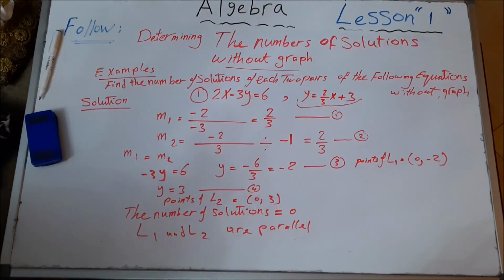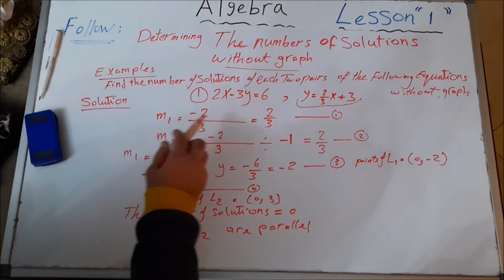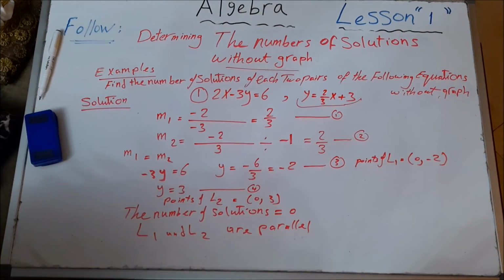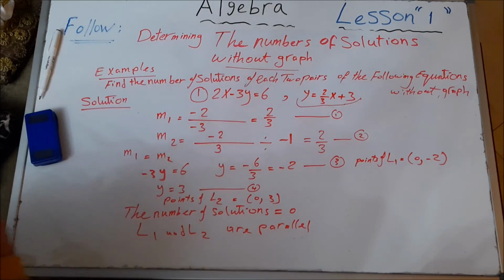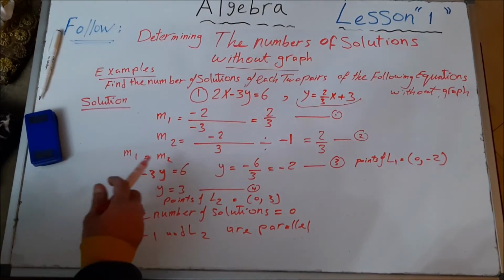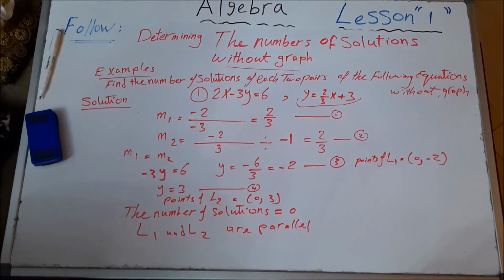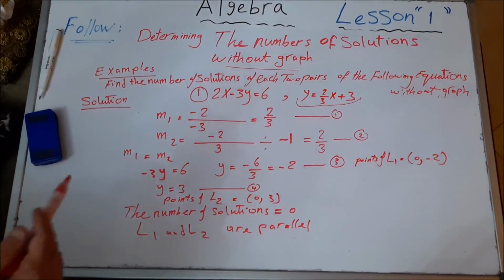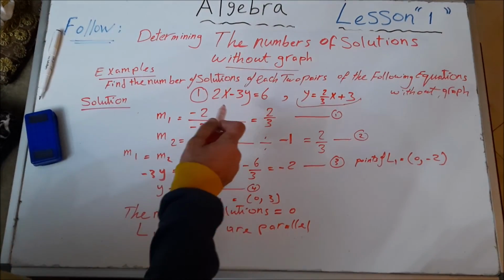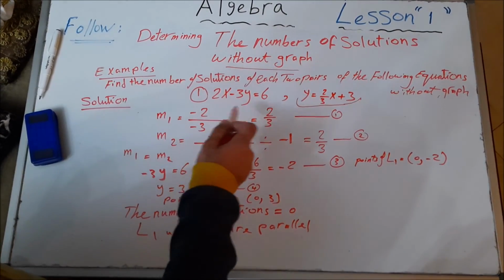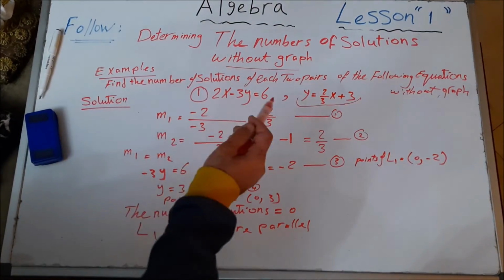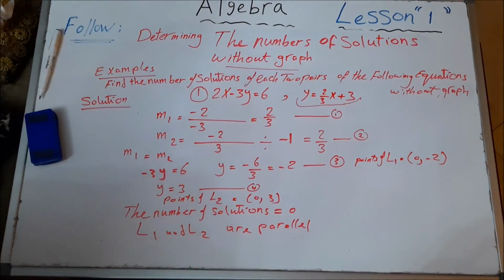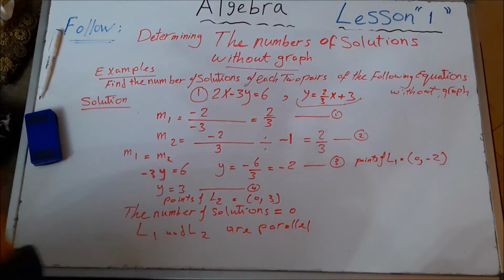So in this example, m1 equal m2. When m1 equal m2, we must find the point of intersection of the two straight lines with the y-axis. This can be done by putting x equal 0 in both equations, equation number 1 and equation number 2, and finding the point of intersection of L1 and L2.